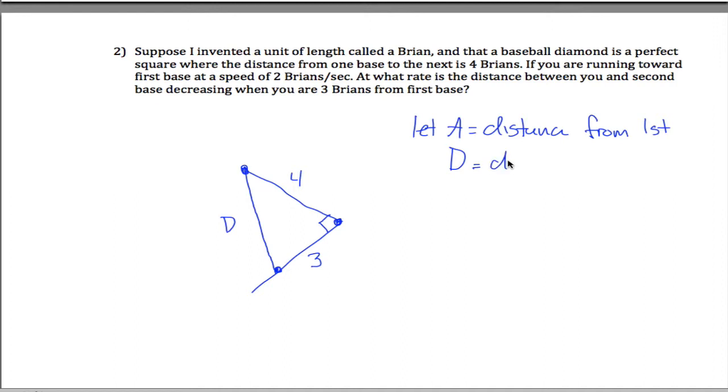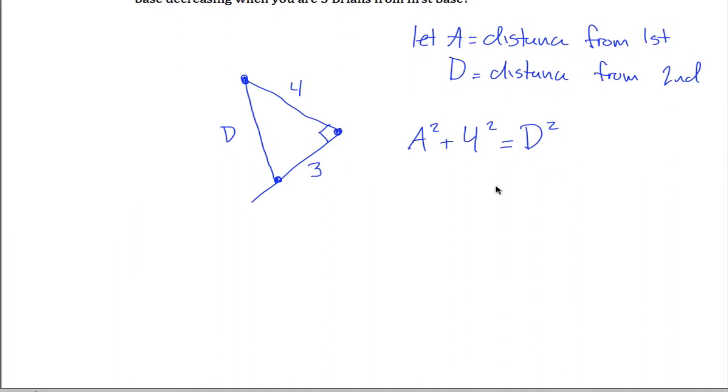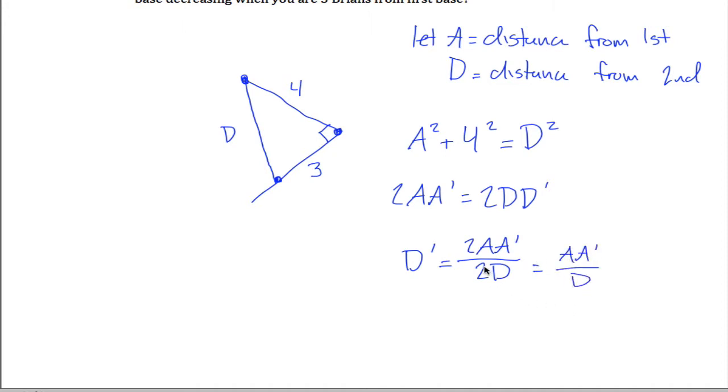Let D equal distance from second. And note that we have this right triangle here. So A squared plus the distance between the bases, which is 4, has got to be equal to D squared. So if you take the derivative of both sides of this equation, you get 2A A prime equals, this is 0, 2D D prime. In other words, you get that D prime is equal to 2A A prime over 2D. If you cancel out the 2's, you get that it's A prime over D.